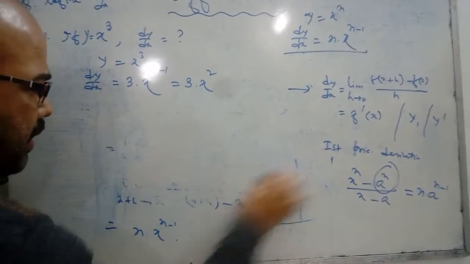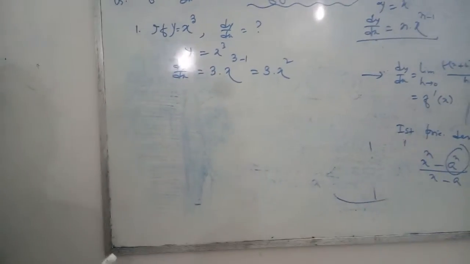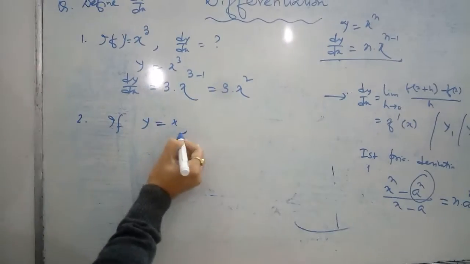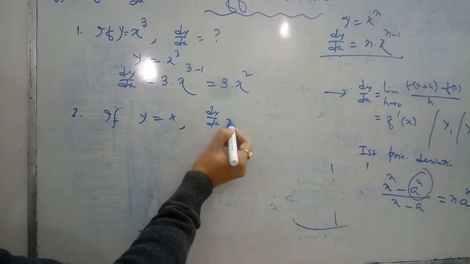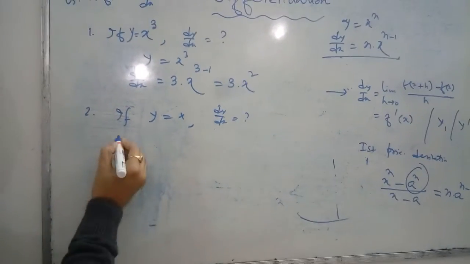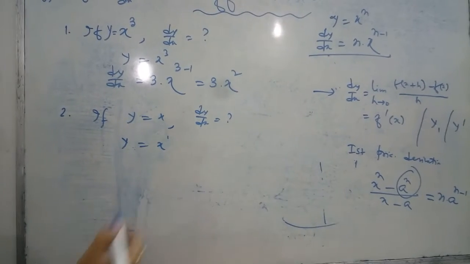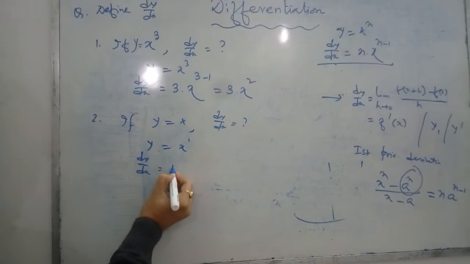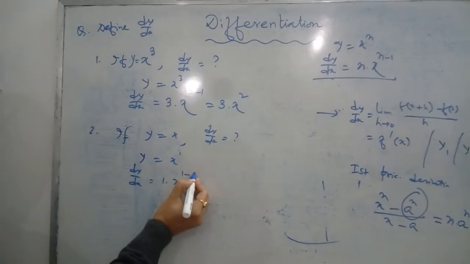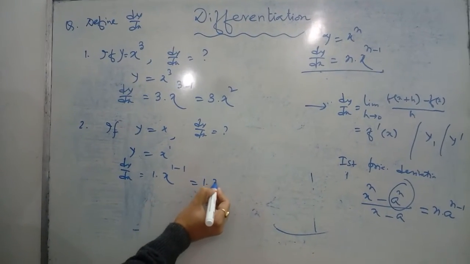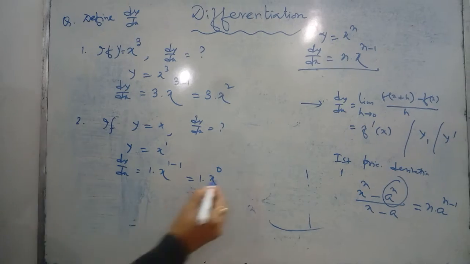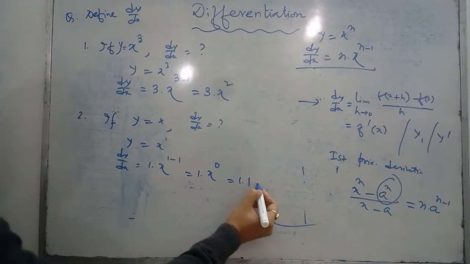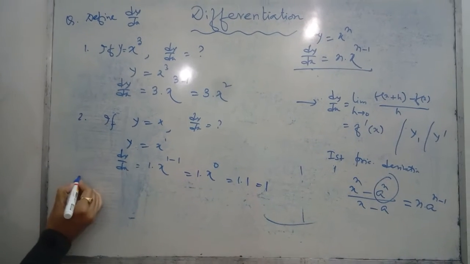Next, the second example: if y is equal to x, what is dy/dx? If y is equal to x, that means x to the power 1. So dy/dx is 1 into x to the power 1 minus 1, which is 1 into x to the power 0. Something to the power 0 is 1, so 1 into 1. So the result is 1.